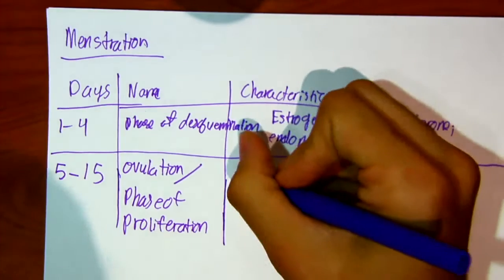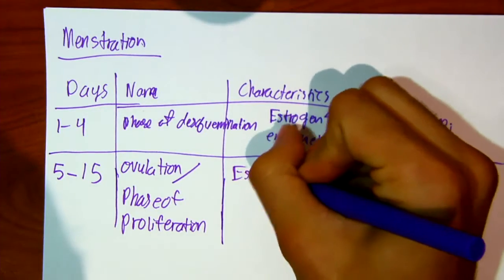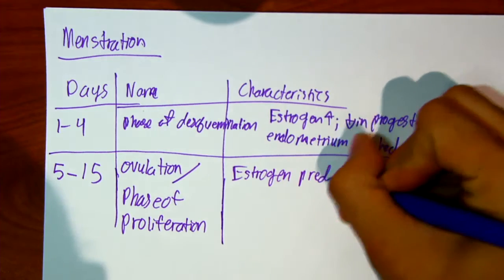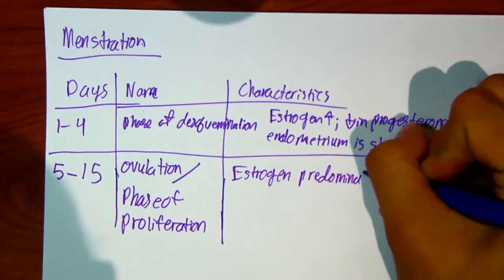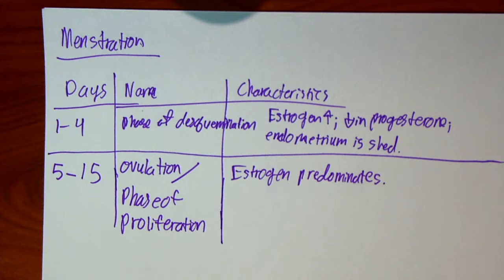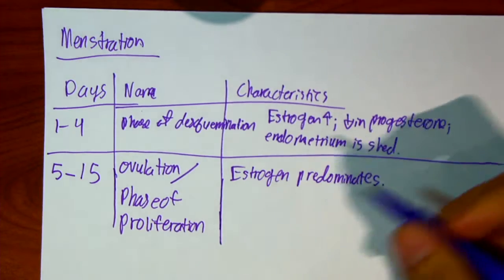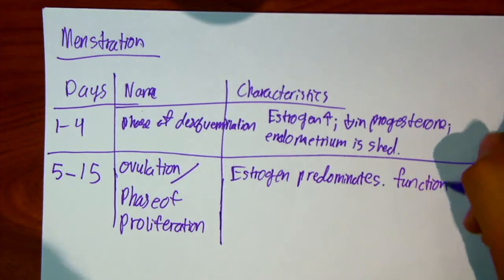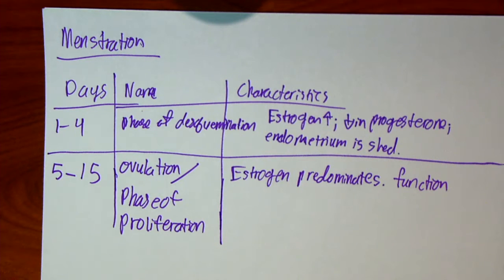Yeah, good, estrogen. So estrogen predominates. All right. So here we also have the functional layer of the uterus grows. Functional layer refers to like the stratum compactum, where you see a lot of those blood vessels.